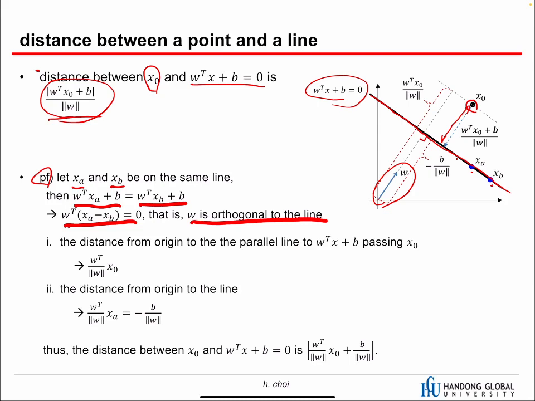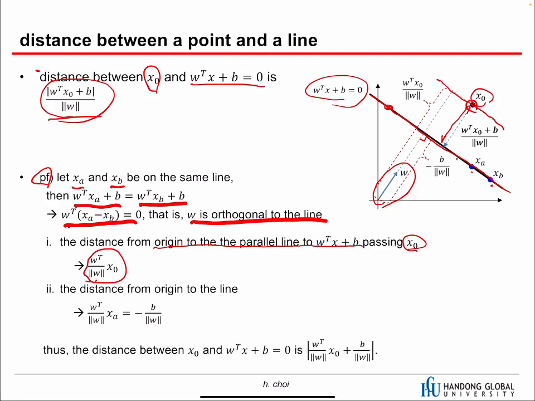Okay, now let's check the distance from the origin to the parallel line passing through x naught. So I'm talking about this line. This line is parallel to this line, but it is passing x naught. Okay, then you know how to calculate the distance. So this is what we can get.